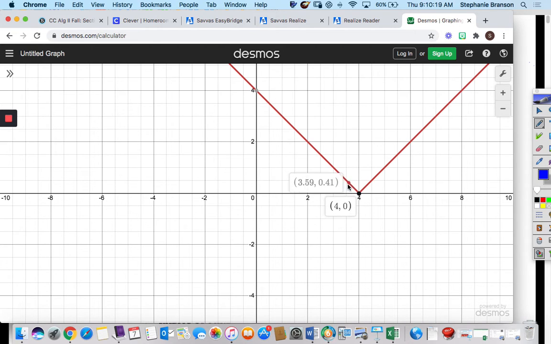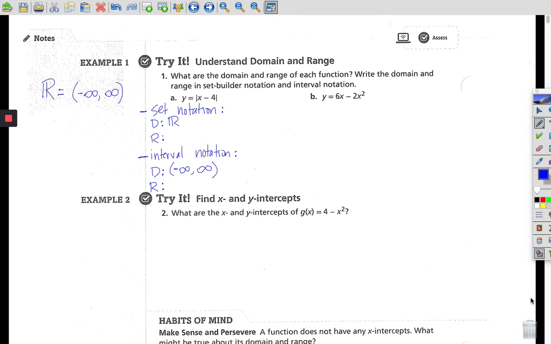Well, let's look here. What is my y value doing? Getting bigger, right? So that means all of my y values are going to be larger than 0. So I write this as y is greater than or equal to 0, because all my y values are greater than or equal to 0.